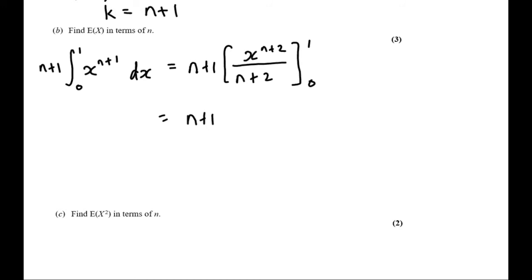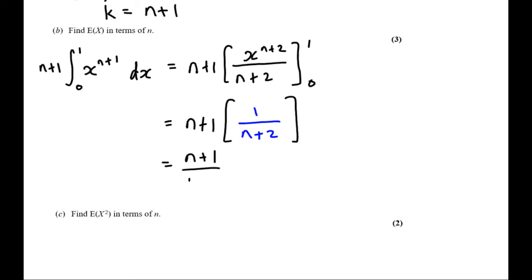Substituting 1 into here again is going to give me a numerator of 1 to the power of n plus 2, which once again I know will just be 1 over n plus 2, minus 0 substituted into the expression, which will give me 0. And simplifying this, I have n plus 1 over n plus 2.